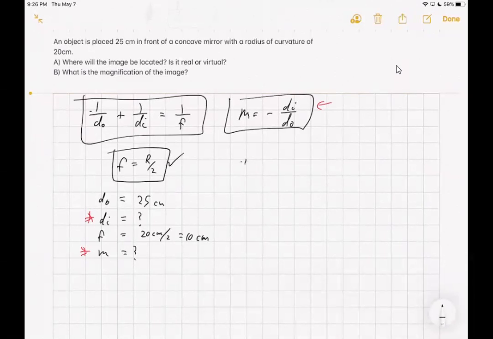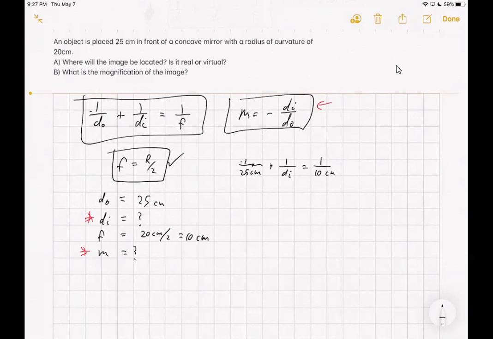So 1 over 25 centimeters plus 1 over the unknown dI needs to equal 1 over the focal length, 10 centimeters. Now we probably want to get a common denominator here.